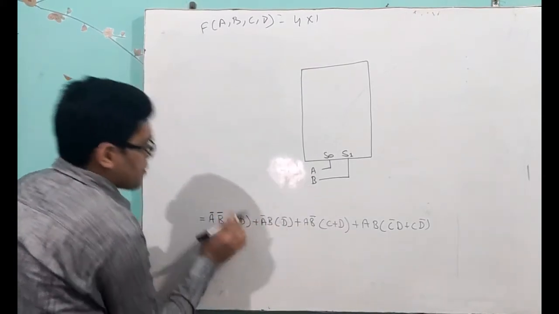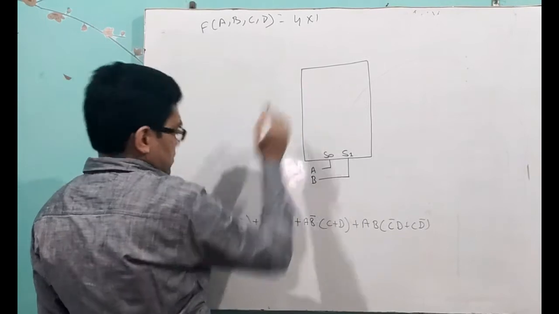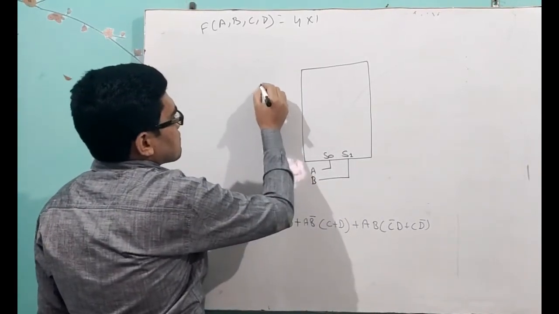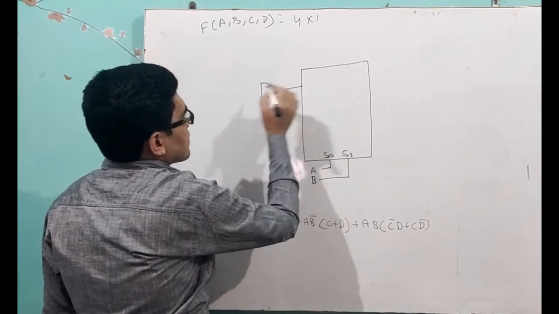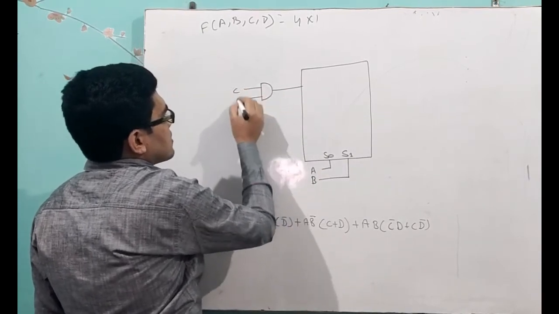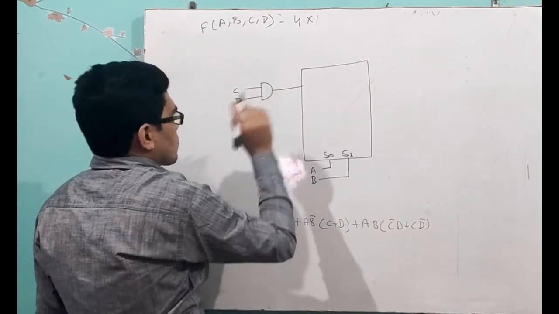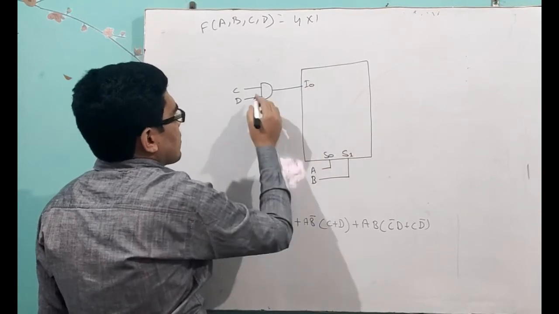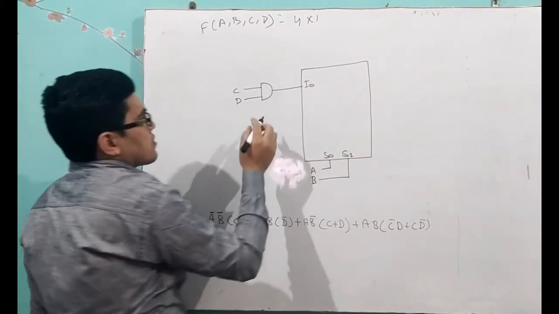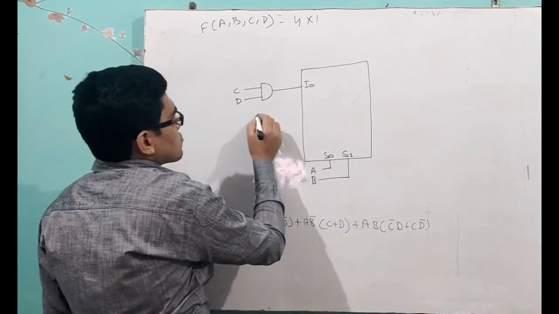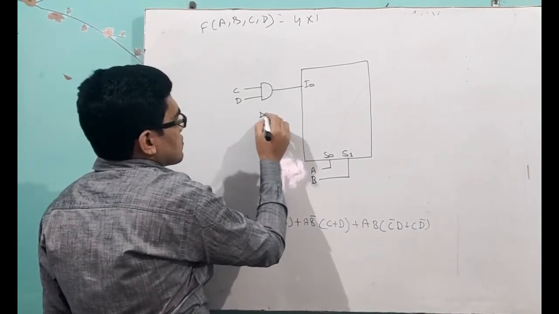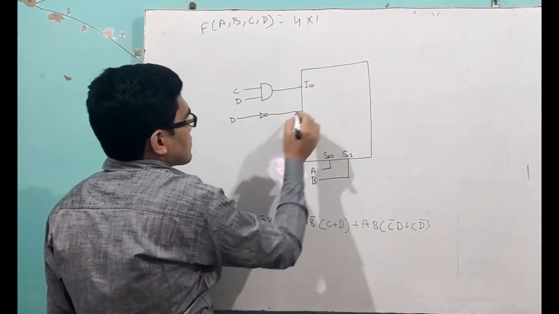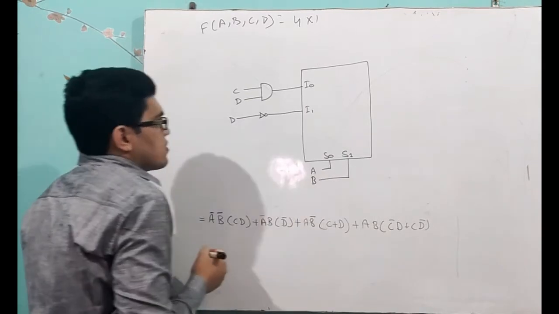And how will we take them as inputs? See, first CD, with the help of an AND operator, this is CD. This is I0. Next input is D bar. So this will be I1.